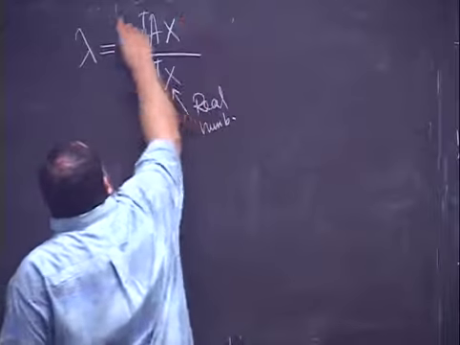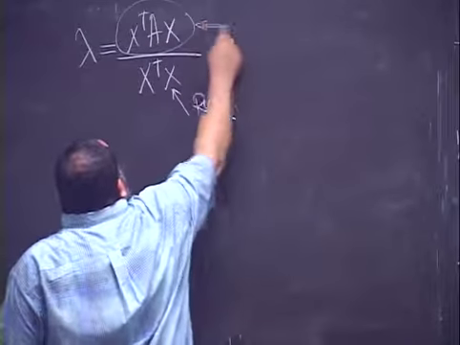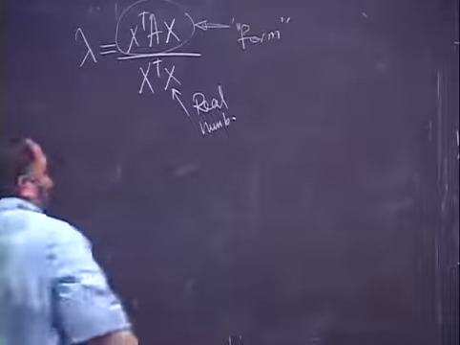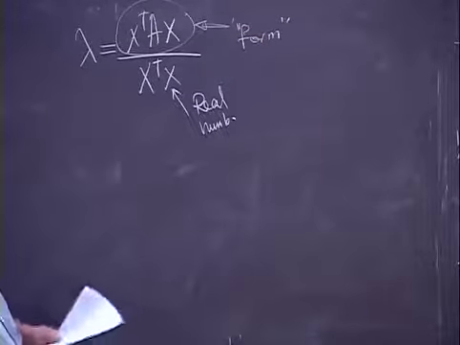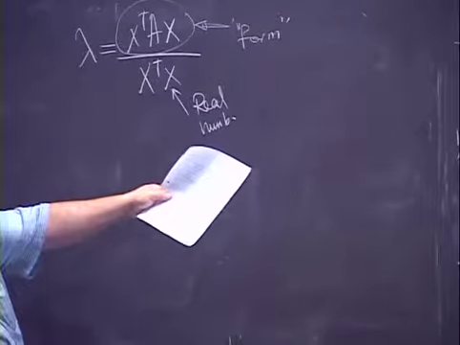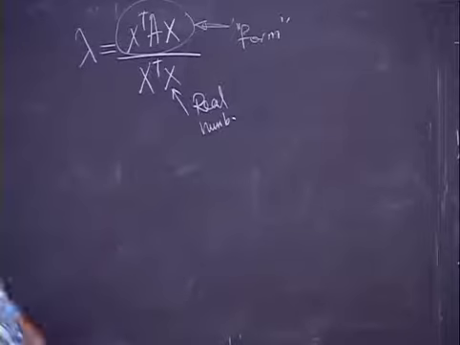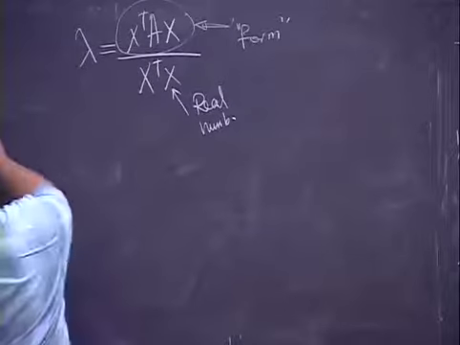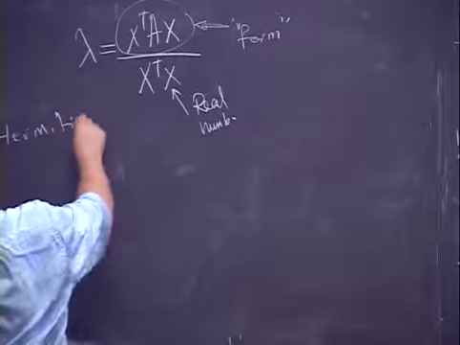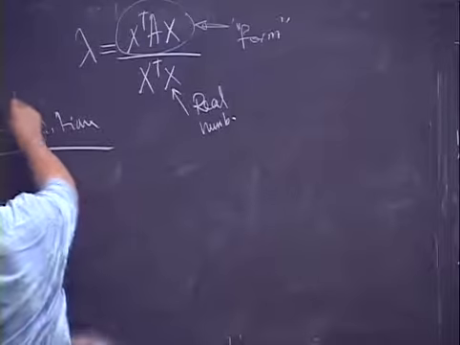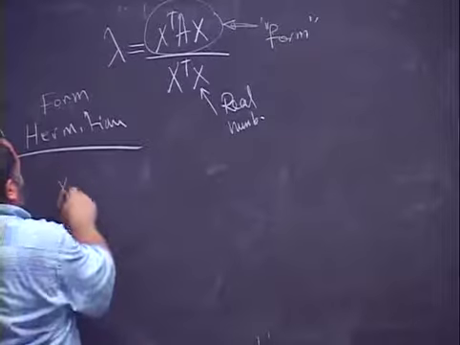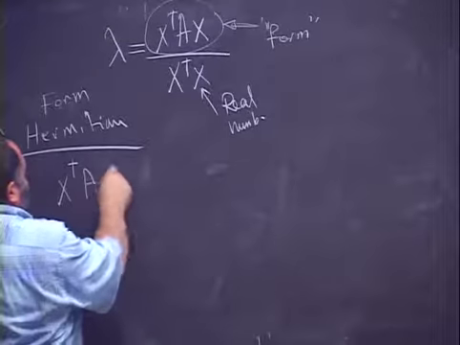This numerator we call the form. So now, let's try to see for all the three cases here: Hermitian, skew-Hermitian, and unitary. Okay? So first for Hermitian. Let's look at the form for a Hermitian matrix. So what's the form? x dagger A x.